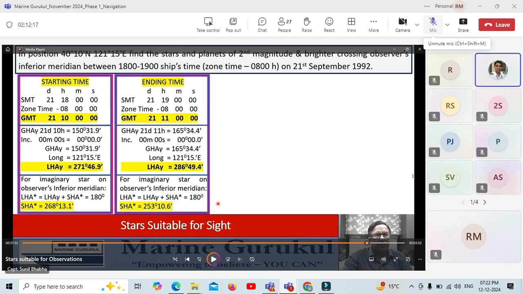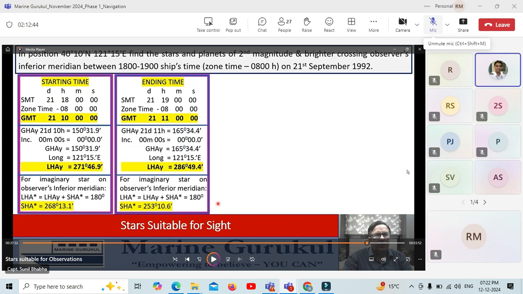Any doubts up to here, beta? Suppose in a question, if they ask for superior meridian, then it is observer meridian, correct, sir? Yes, if they ask for superior meridian, then it is observer meridian itself.